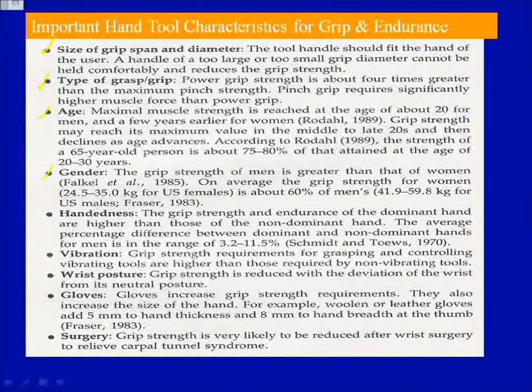Power grip would be like handling a baseball bat or something of that nature. Age becomes a factor. Basically, you're at your prime in terms of maximum grip strength. Gender, the grip strength for men is greater than that for women, and this goes across the spectrum, right? For so many things that we talked about in terms of cross-sectional area of muscle.